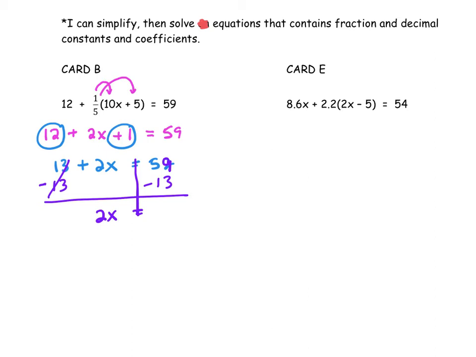So I'm going to take away 13 from 59, and that's 46. And then final solving step, we're going to move on to eliminating the coefficient. And the answer is x equals 23.